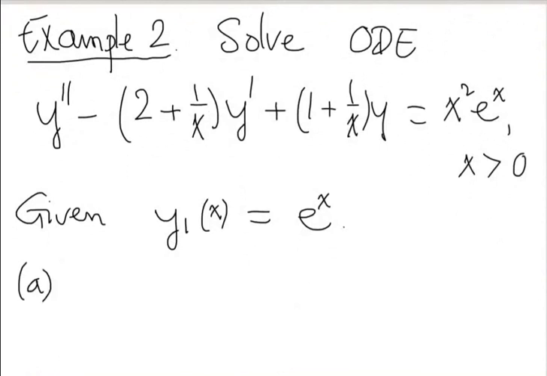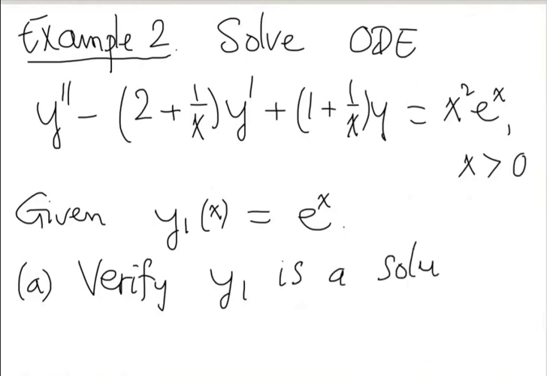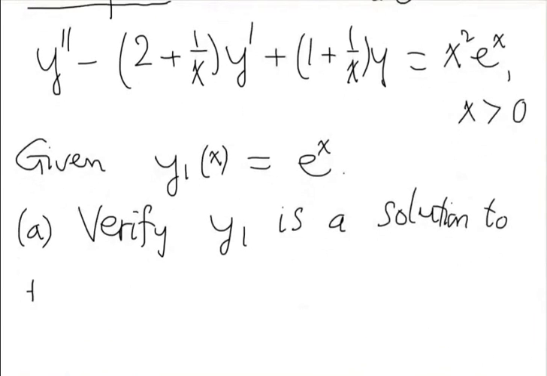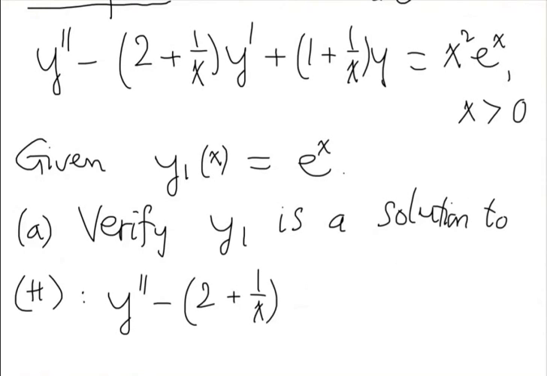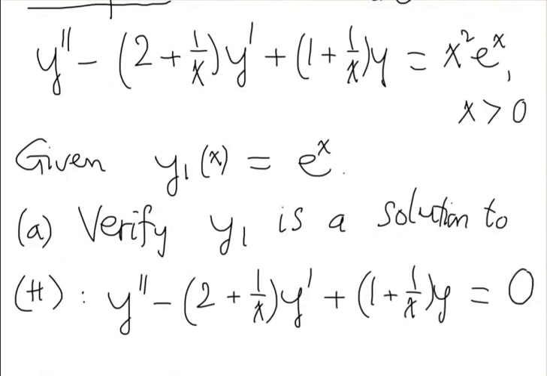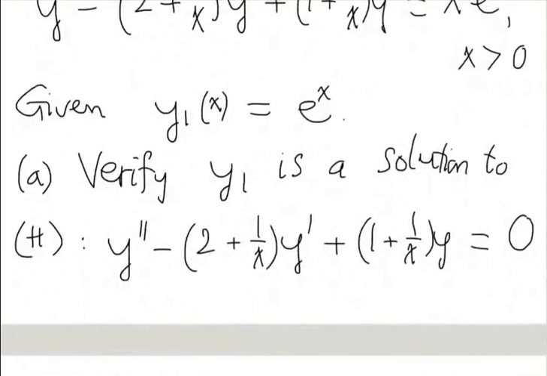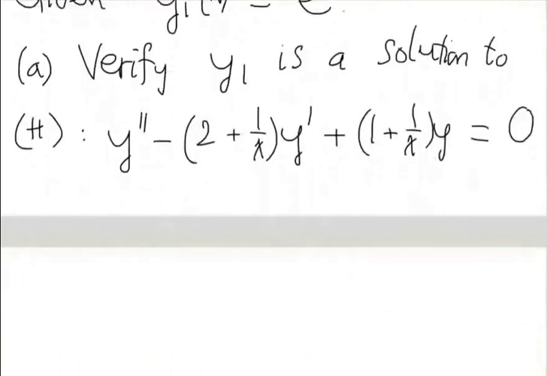So as before, we will need to verify y1 is a solution to the homogeneous equation: y double prime minus (2 plus 1 over x) y prime plus (1 plus 1 over x) y equal to 0. That's the homogeneous equation. So let's verify that.